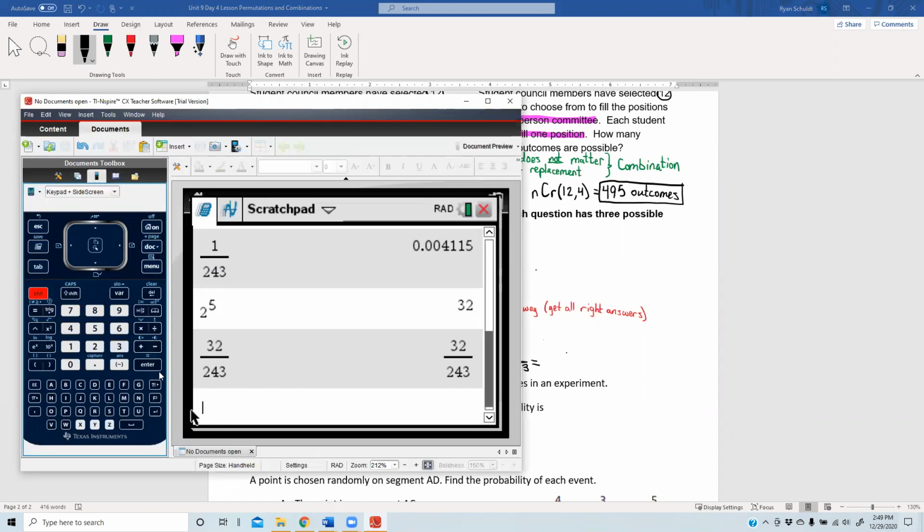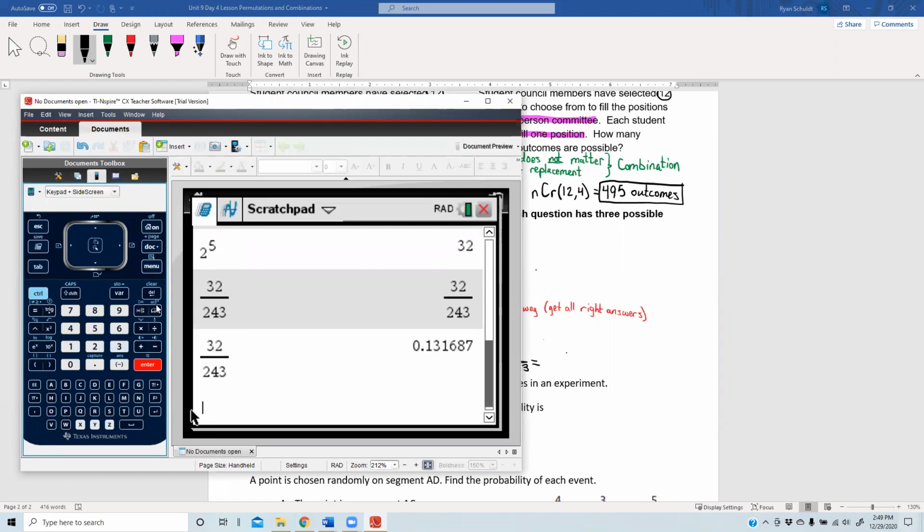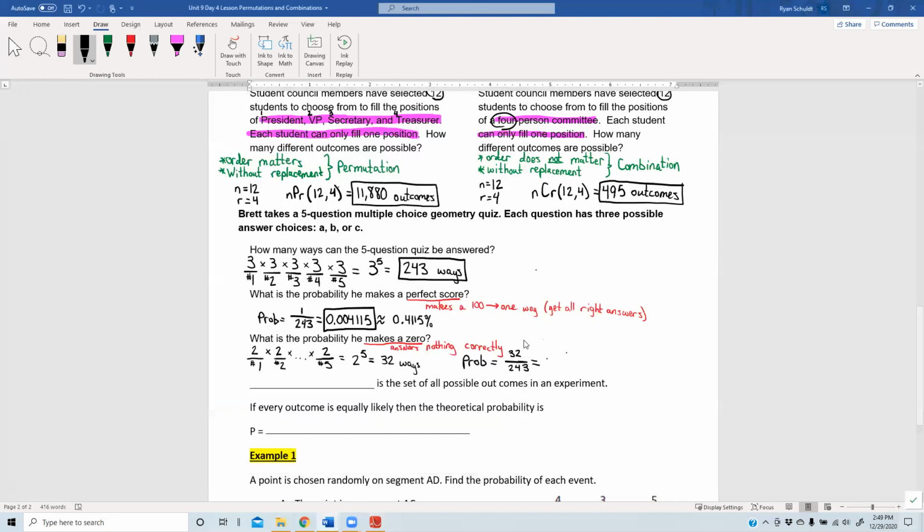As a decimal, that is 0.131687. So that's the probability. As a percent, that's approximately 13.17%. So he's got a slim chance to make 100, but pretty good chance he's going to make a 0 if he guesses all random.